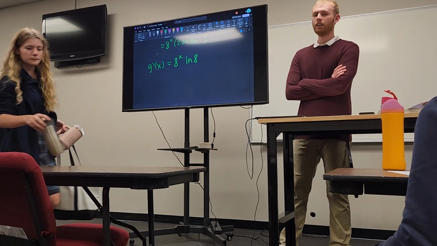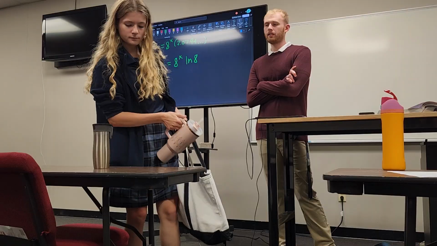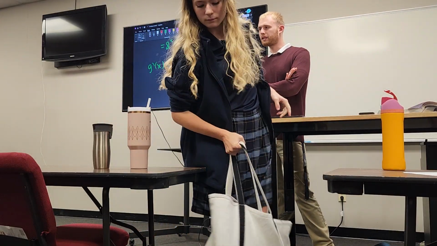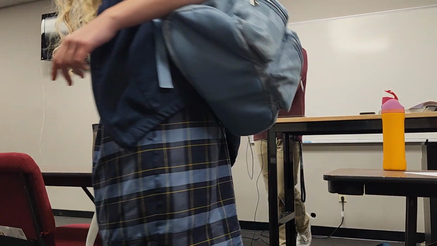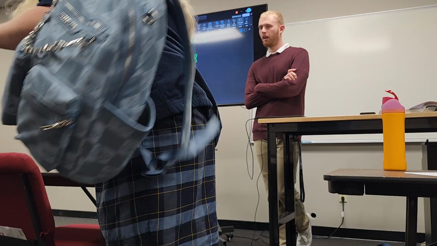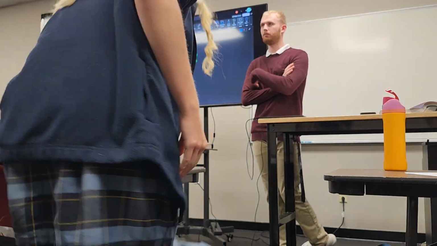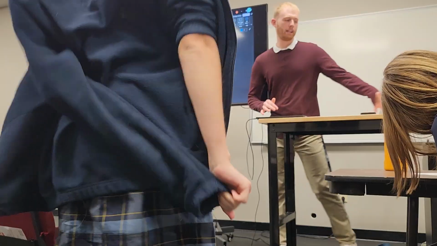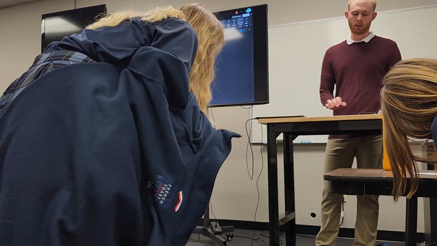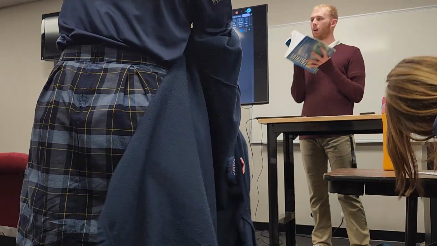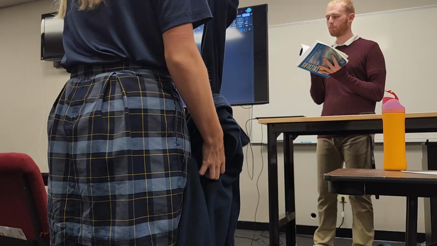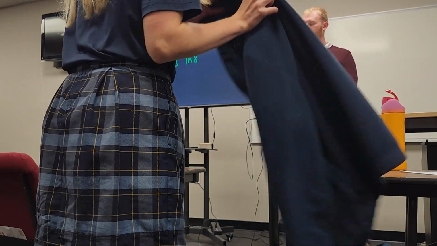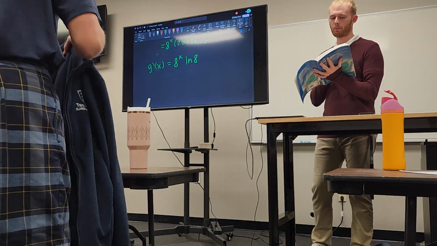Okay, tomorrow I need you guys to review exponential and log properties from Algebra 2. I posted to the classroom to review Appendix E in your textbook. Appendix E has a review of exponential and log properties.